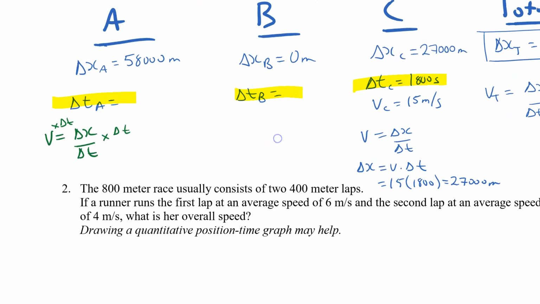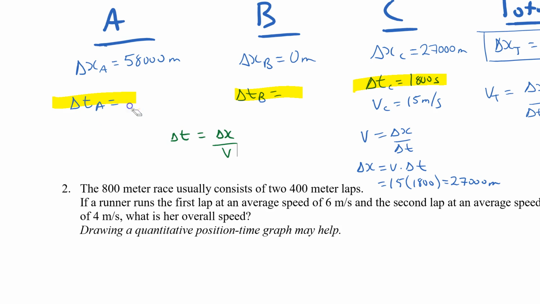And then I would get v times delta t equals delta x. But now I want to solve for delta t, so I would divide both sides by v. So I'll just cancel that out. So this is how we get it. Delta t is equal to the displacement divided by the velocity.